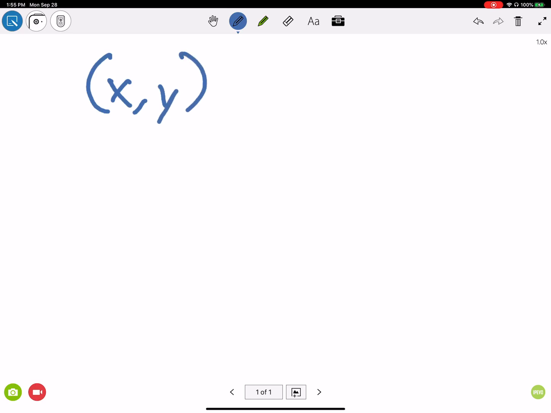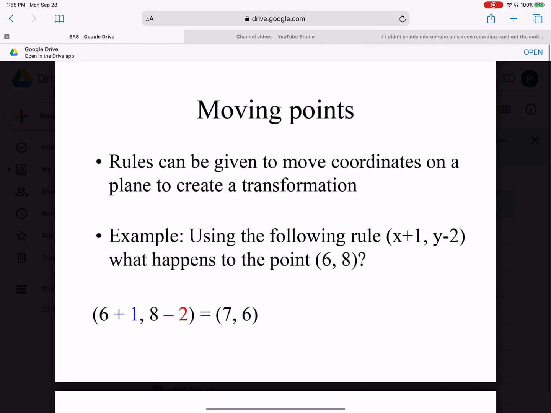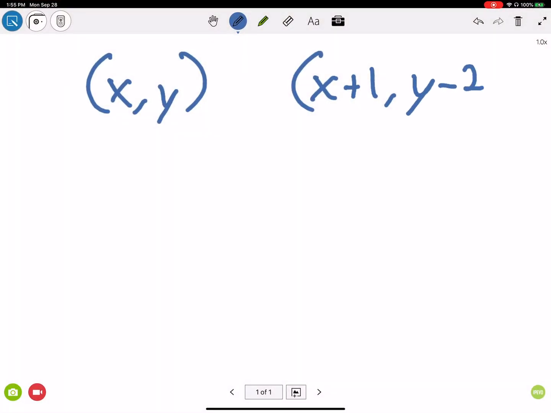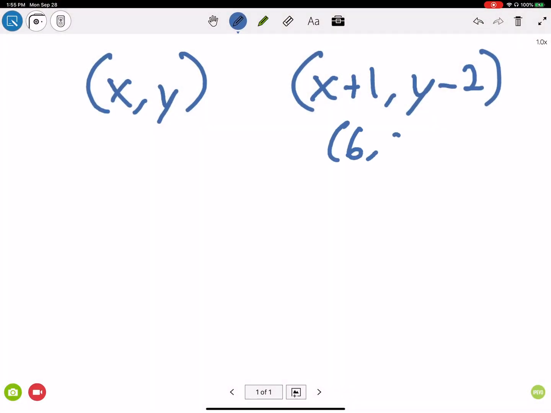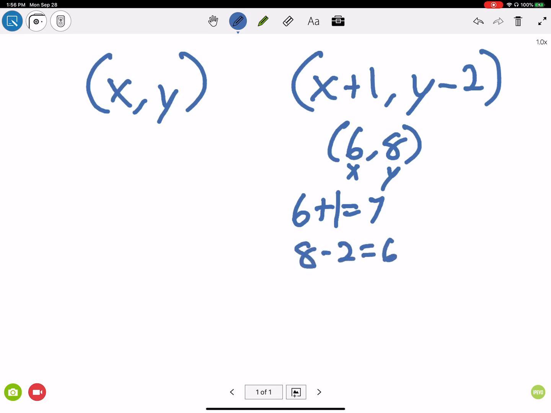So if I have the rule x plus 1 and y minus 2, and I'm applying it to 6, 8, that means 6 is x, 8 is y, and 6 plus 1 is 7, 8 minus 2 is 6, so the new coordinate is 7, comma 6, okay? That's where the point moved to.